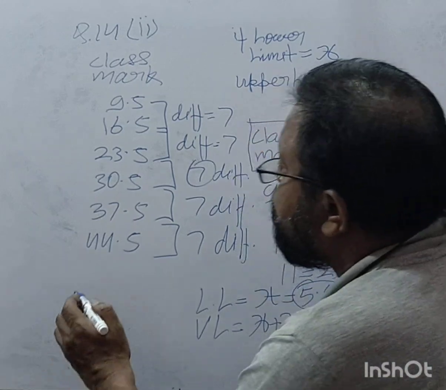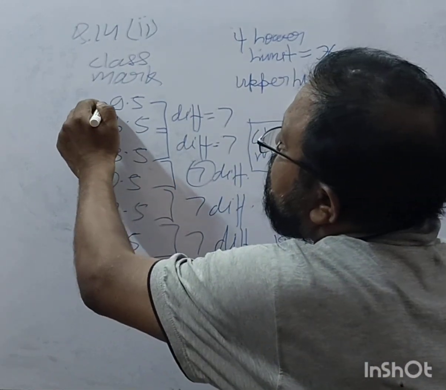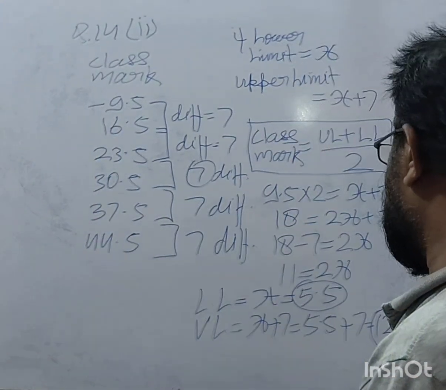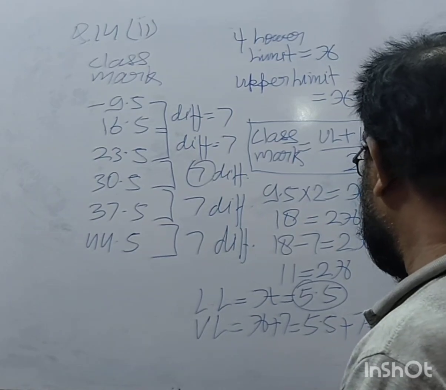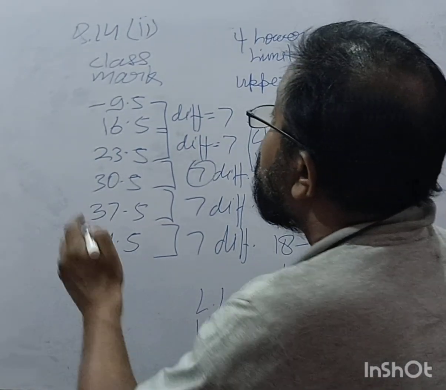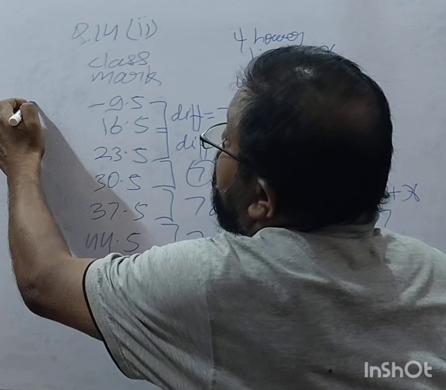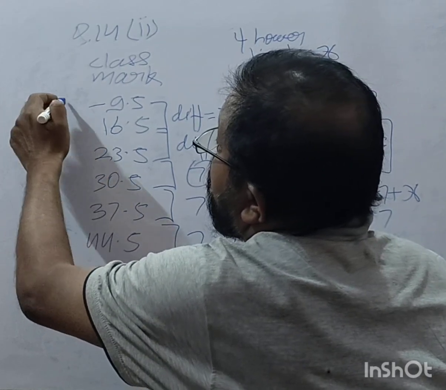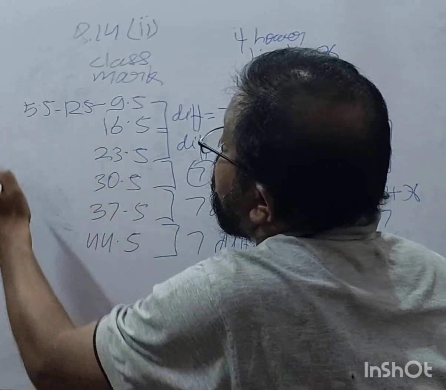So what do you get? For this you have 5.5 to 12.5.